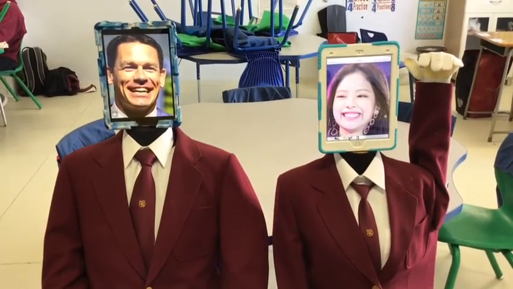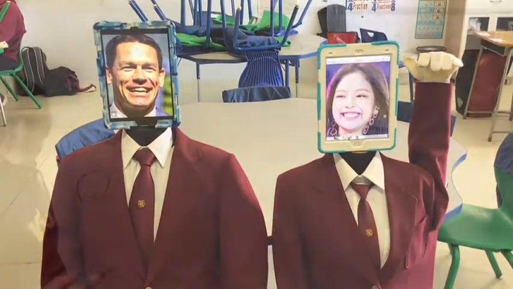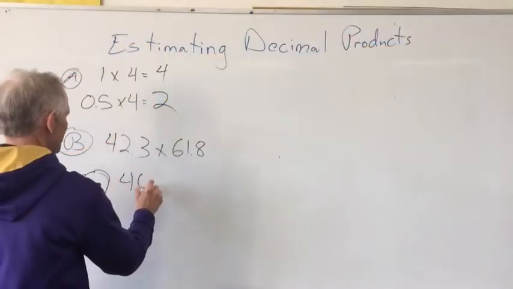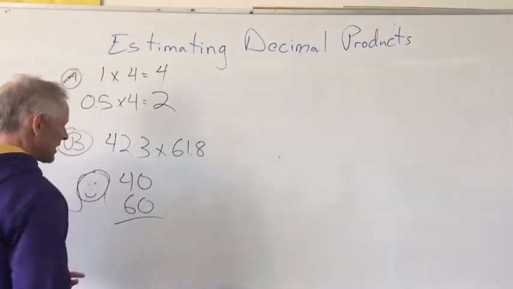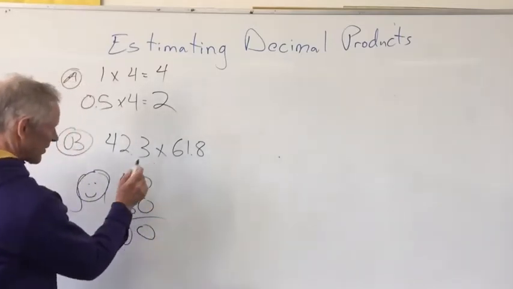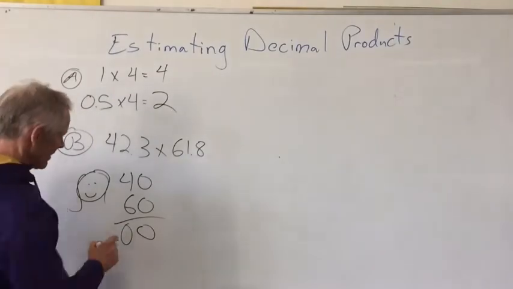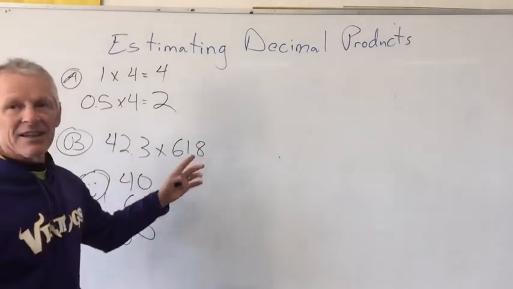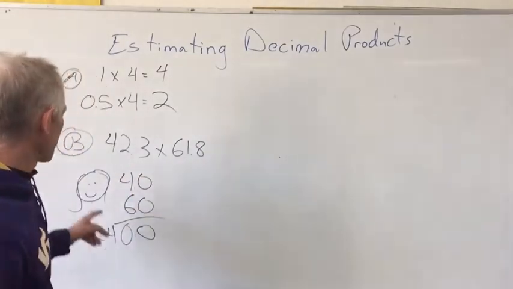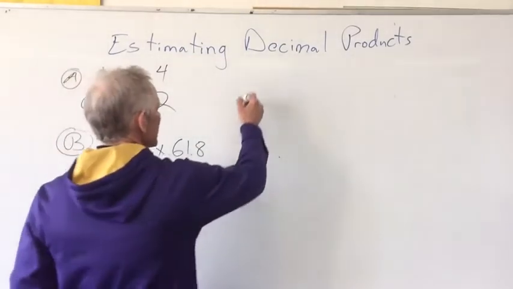So 40 times 60. A couple of zeros later, 4 times 6 is 24, 2,400. You're done. But now you can see that those decimals mean next to nothing. So that would be the B type.